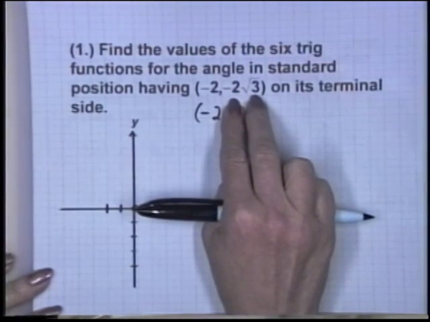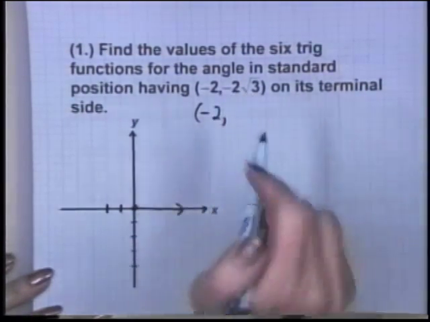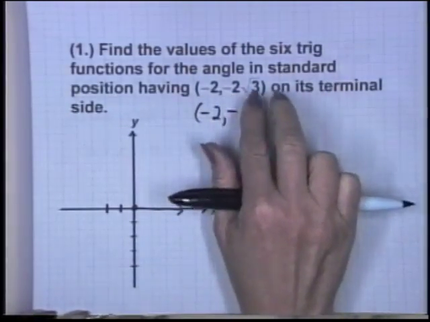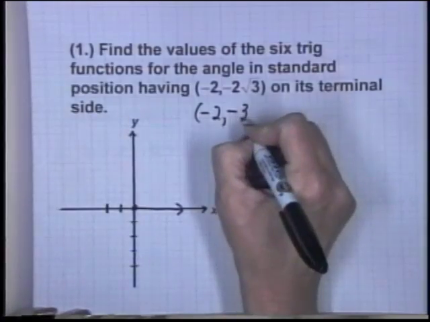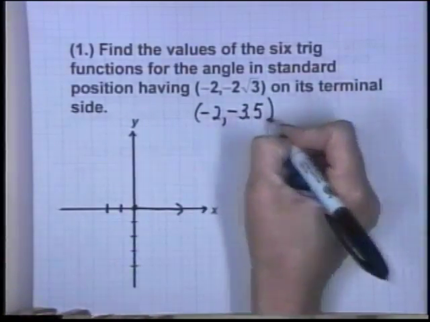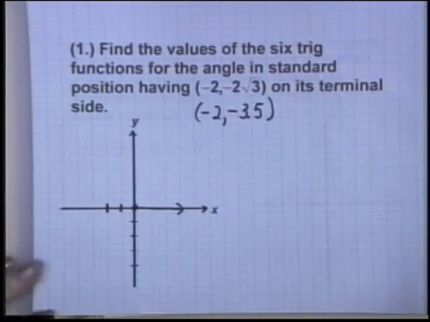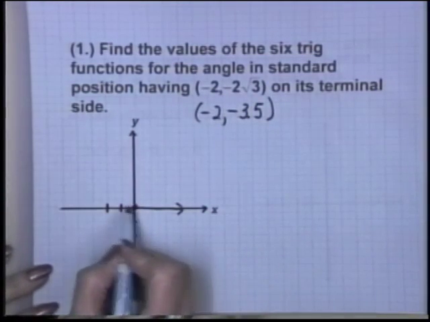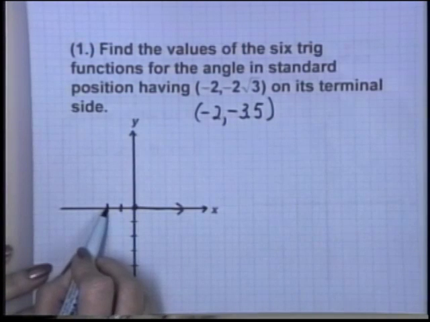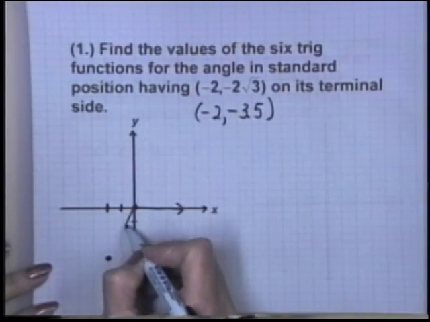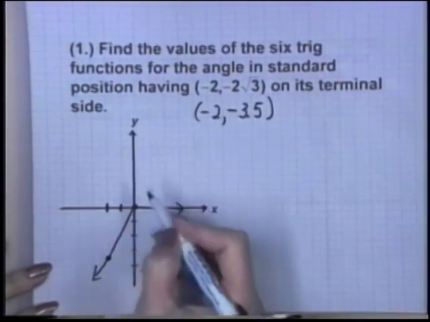So I'll calculate on my calculator 2 times the square root of 3, so it will be negative, and when I calculate 2 times the square root of 3 and round to the nearest tenth, I get -3.5. So that's what I'll use to plot this. -2 and then -1, 2, 3 would be about right there. So there's my terminal side.